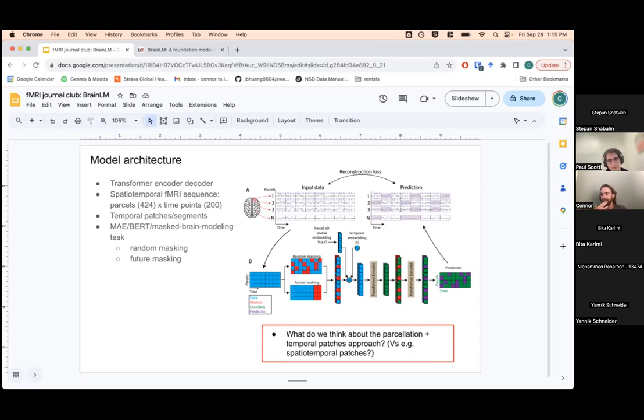The only argument I can imagine is that when you reduce the dimension by averaging within each parcel, your data is much smaller. You can get the data loading much faster, and it's much more manageable on disk. All those kinds of basic logistical issues are much easier, but you definitely lose out on a lot of information.